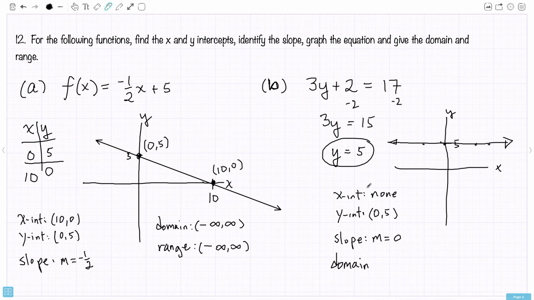This function, you could write it as f of x equal 5, is a constant function. You can plug any x value in and you always get 5. So the domain is minus infinity to infinity. But the range is only one single value, so I'll use the brace to say just the number 5. And that's the answer for number 12.